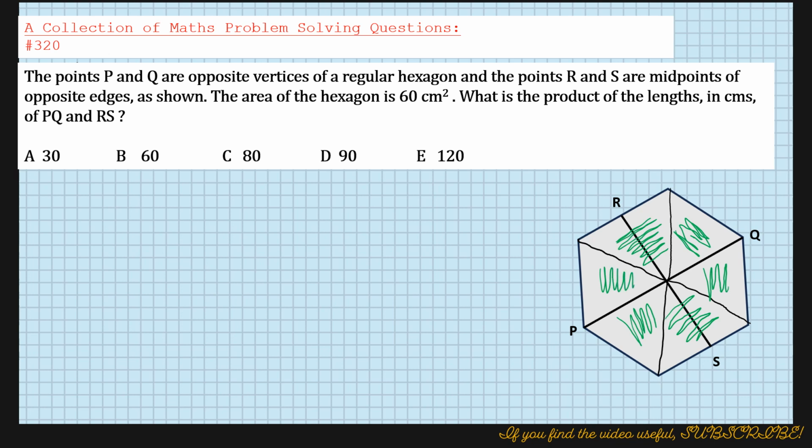So these are the 6 equilateral triangles that we have, and what that means is the area of any one of the 6 equilateral triangles would be 60, the area of the hexagon, divided by 6, and that would be 10 centimeters squared.